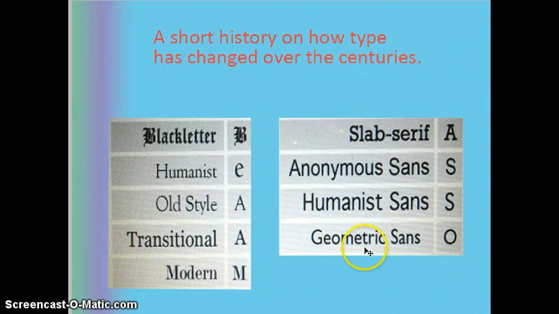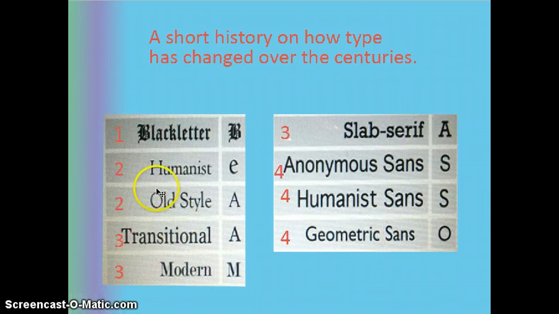In this picture I put numbers, depending on how old and how personal or contemporary they are. The first, number 1, is the oldest one. The second oldest are the humanist, the old style, the traditional and the modern, and then slab serif is the third, and then the contemporary ones are the grotesque sans, humanist sans and the Germanic types.